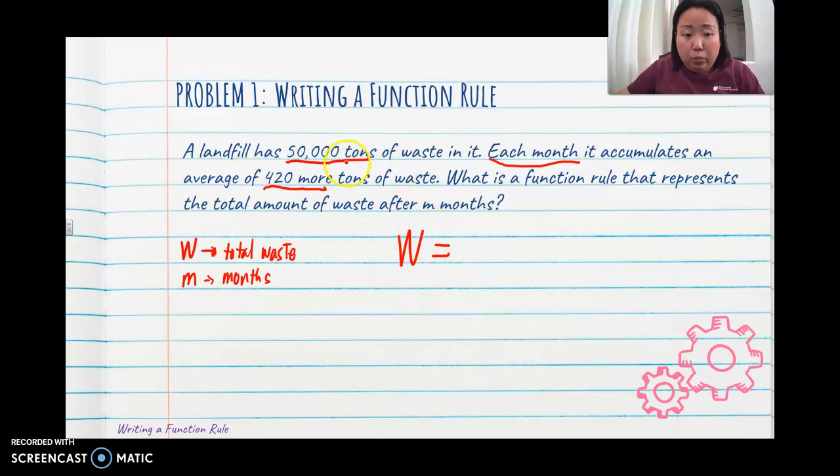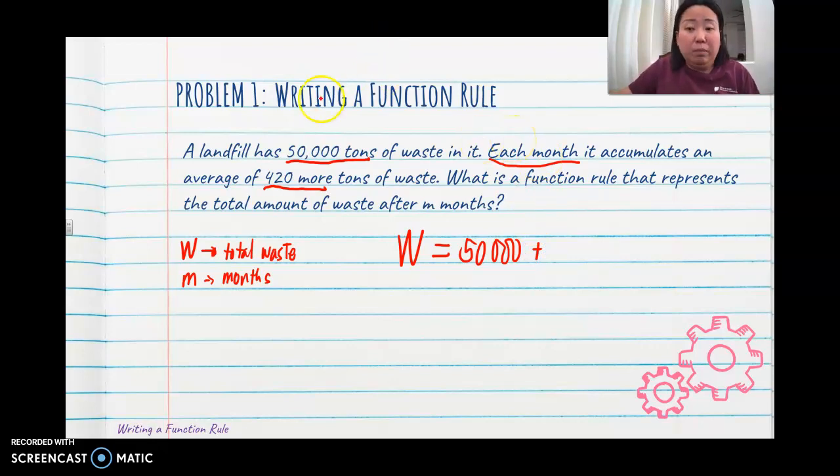We already know that there is 50,000 in there already. And what do we do with that 50,000 every month? Every single month, we add 420. So in that case, if we have, let's say, 5 months accumulated, how much is the total waste in there?